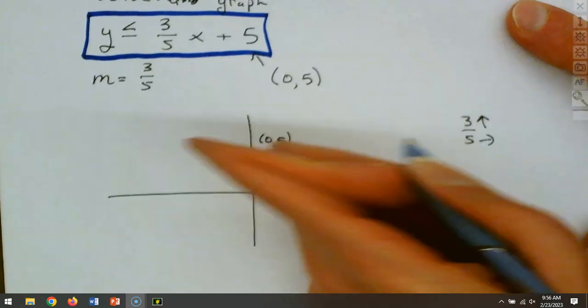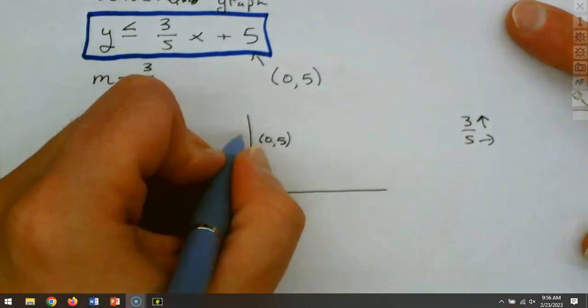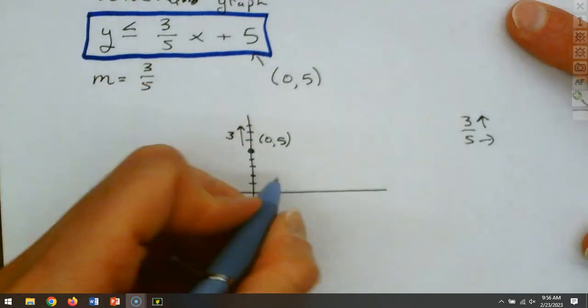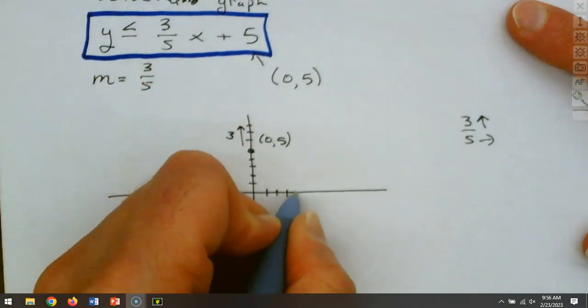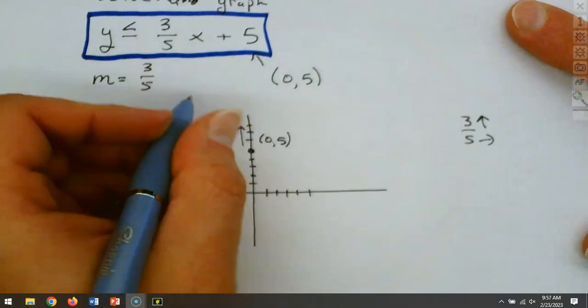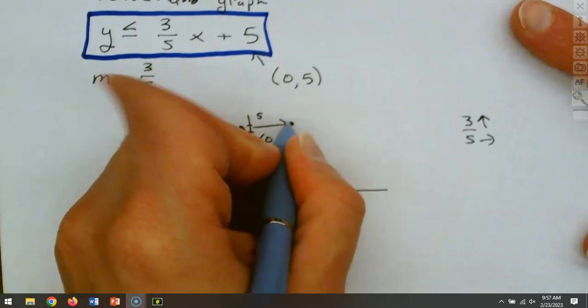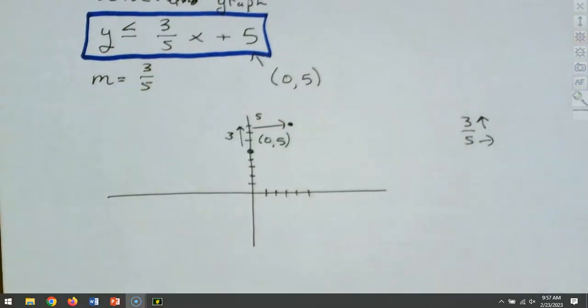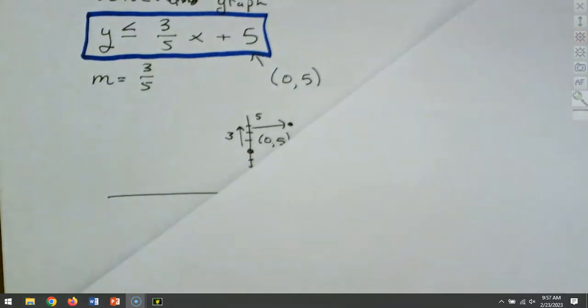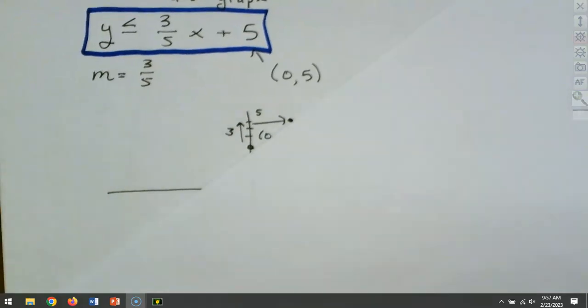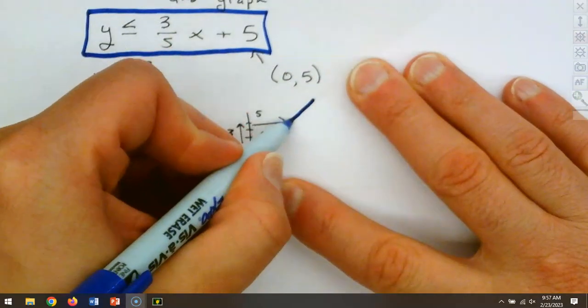So we go up 3, and we go over 5. That makes my new dot right there. Now, why are we going to use a solid line? Because it is less than or equal to, or greater than or equal to. Those have solid lines. The less than and the greater than get the dotted. So this gets a solid line here.